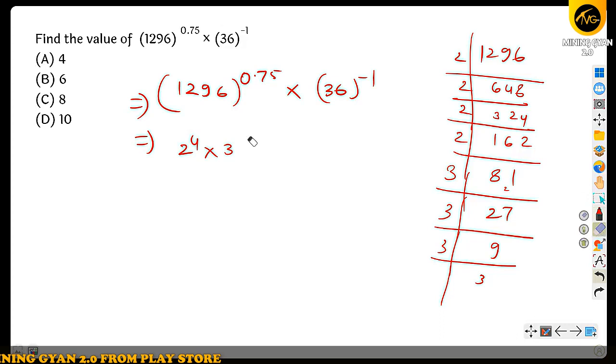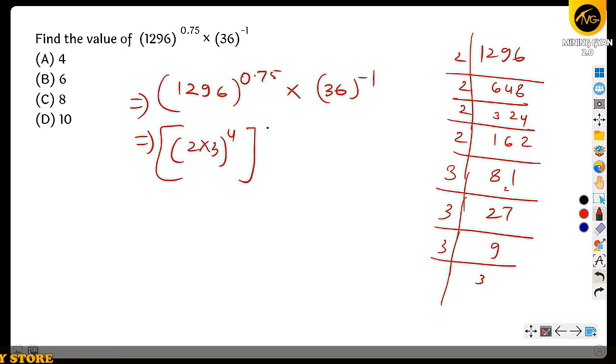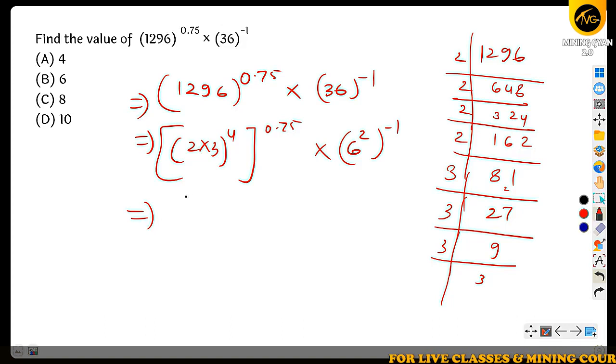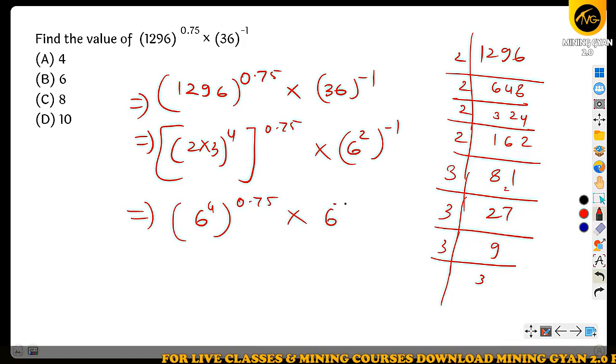That means we can directly write down as a form of 2 into 3 whole power 4, and again the whole power is 0.75, right? Now what is 36? 36 is the square of 6, that means 6 square whole power minus 1. Now it can be 6 power 4 whole power 0.75 multiply 6 power minus 2, correct?